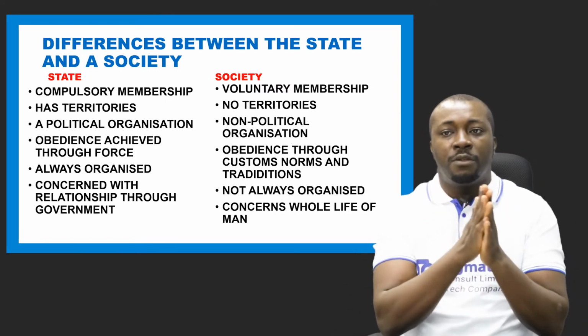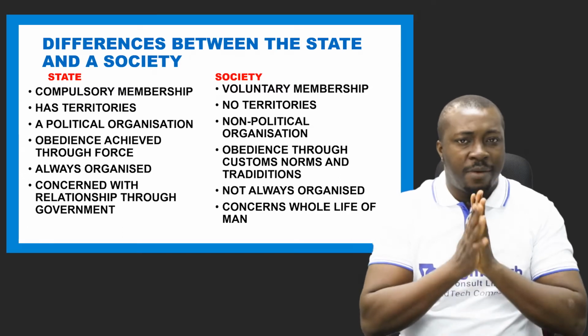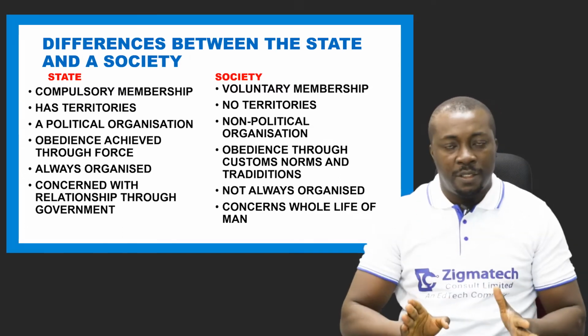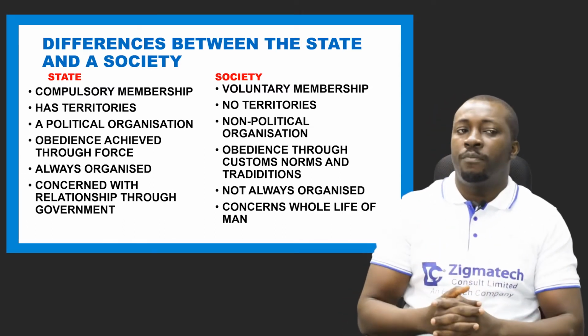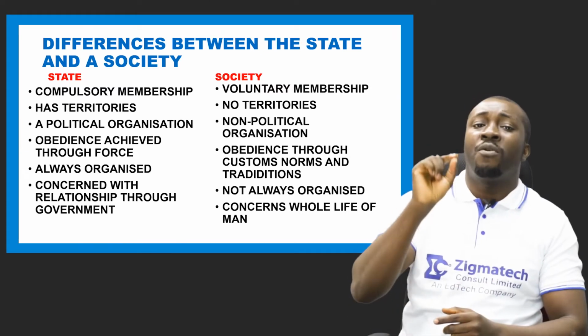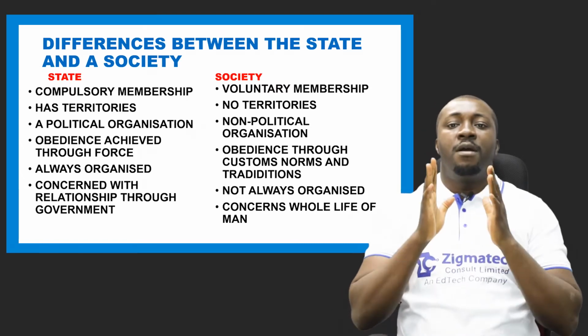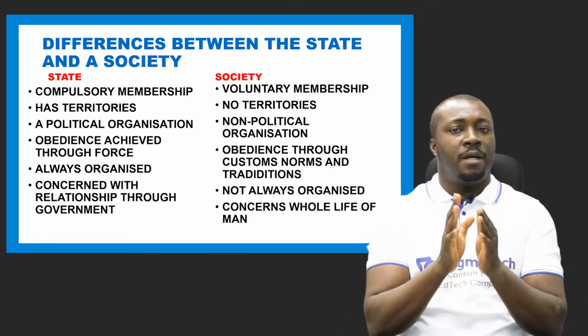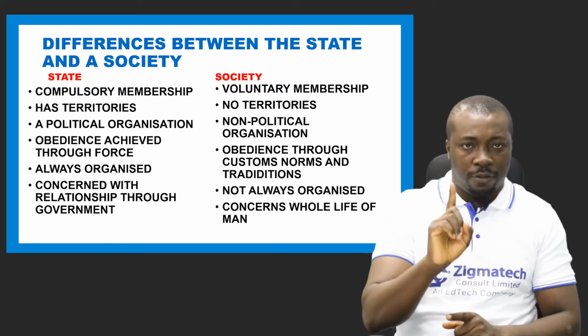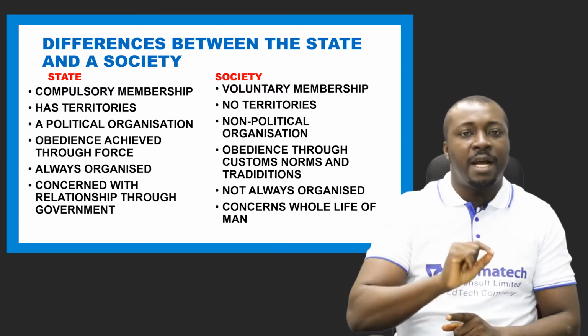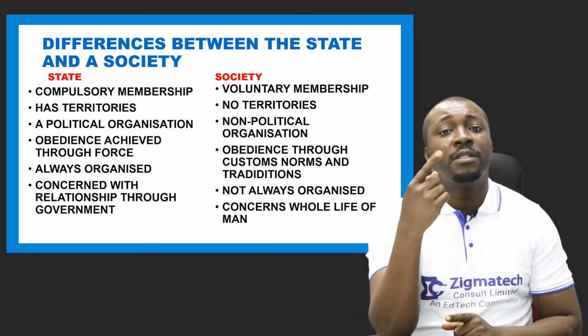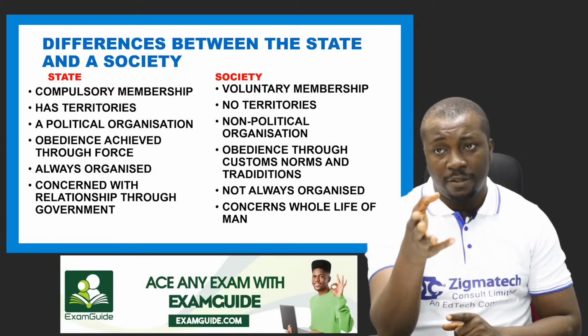Now, a state is a political organization, strictly a political organization. Society is not political. Even some of them are called non-governmental organizations. Now, obedience to the state is achieved through force because the state has the power of sanction and uses instruments of force where necessary.